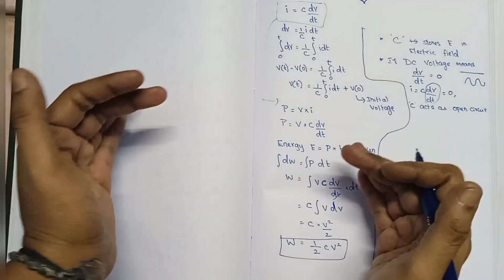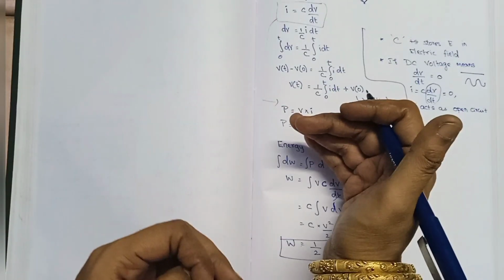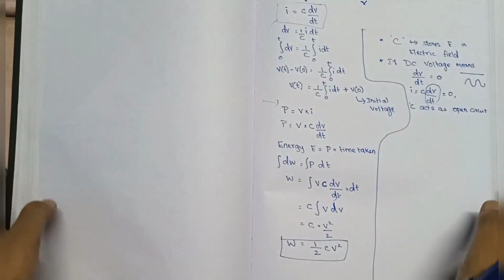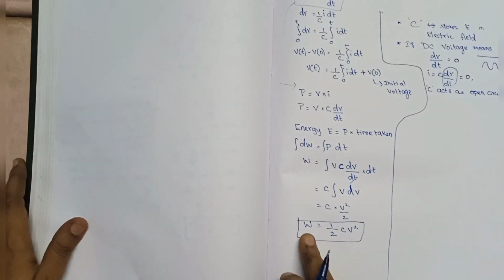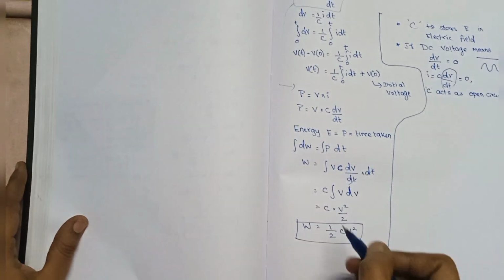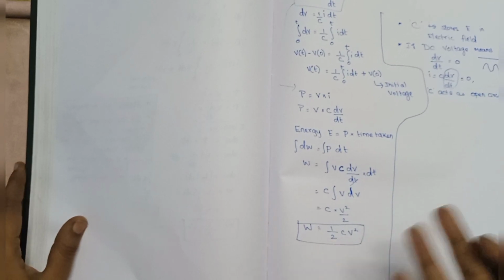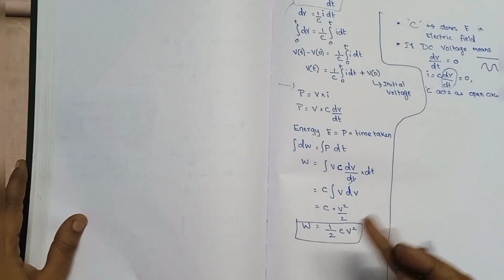Even though the capacitor acts as an open circuit, it stores energy. Yes, it stores the energy, because see the formula for the energy stored in the capacitor: W is equal to what? 1 by 2 C V squared. Does it depend upon the current? No. So why worry about the current being 0 and the capacitor becoming an open circuit?